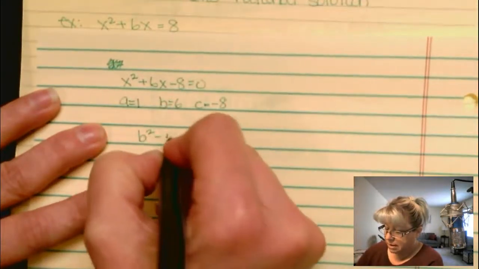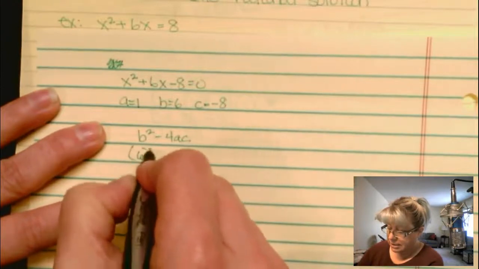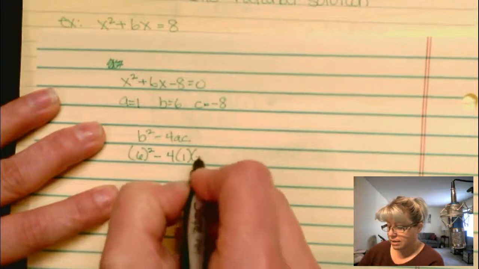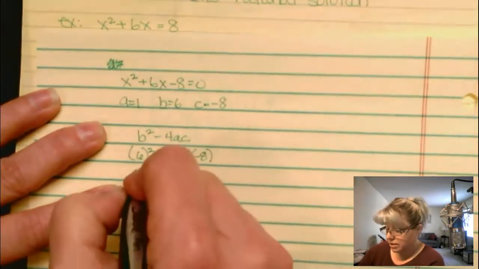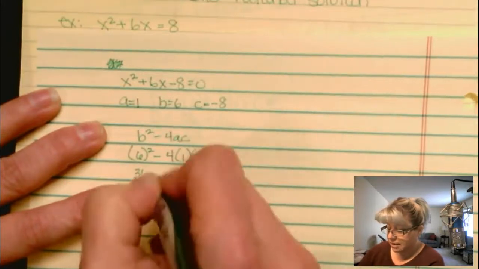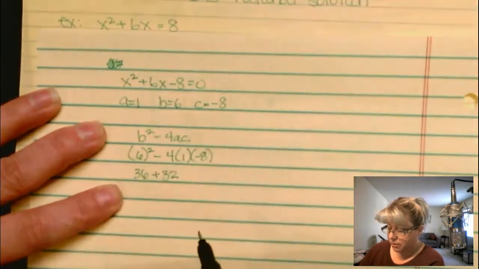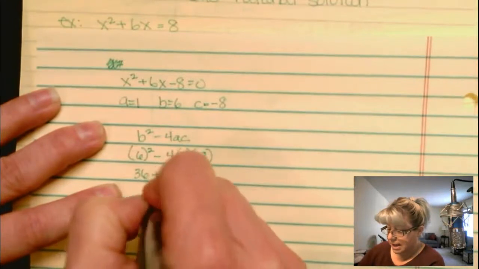b squared minus 4ac will be 6 squared minus 4 times 1 times negative 8. 6 squared is 36. Negative 4 times 1 times negative 8 is positive 32. And 36 plus 32 is 68.